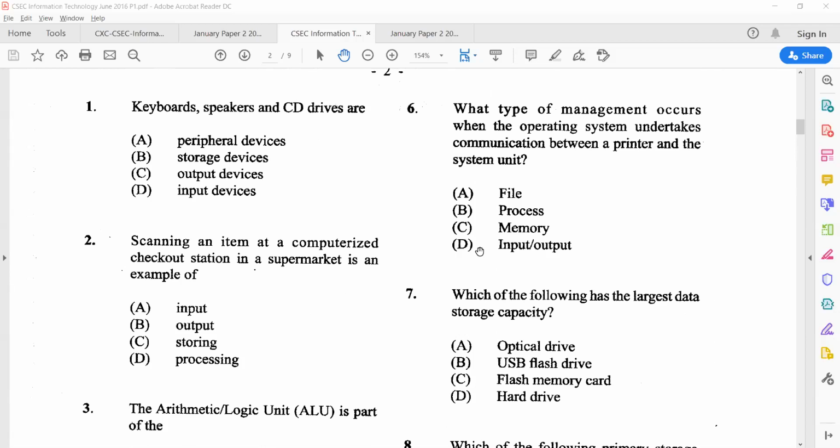What type of management occurs when the operating system undertakes communication between a printer and the system unit? Yeah, file, process, memory, or input, output. B, sir. Process.